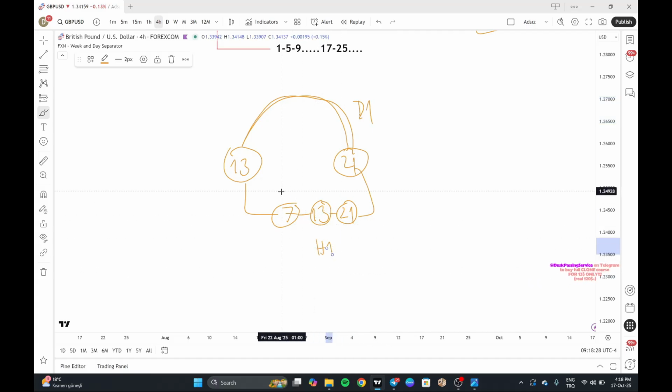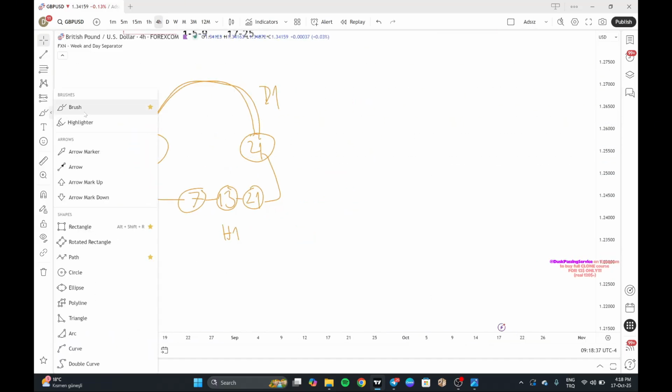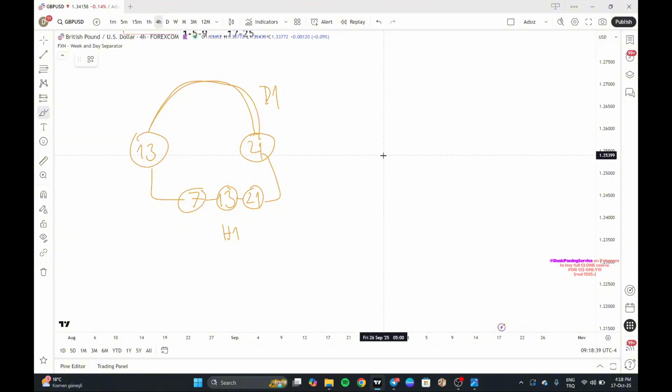Then, if this move is happening, let me draw it in price.